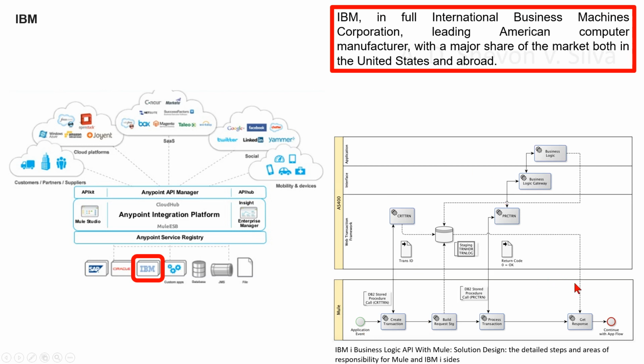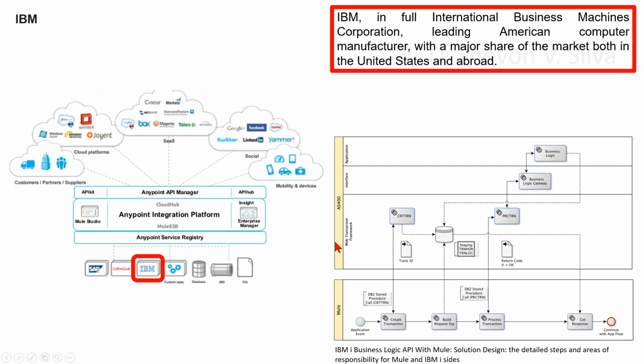A high-level design includes the MuleSoft API that invokes IBM i Business Logic programs and executes the request and response data via the web transaction framework, WebTF, and staging DB for i tables. The flow diagram here explains the detailed steps and areas of responsibility for Mule and IBM i sides.